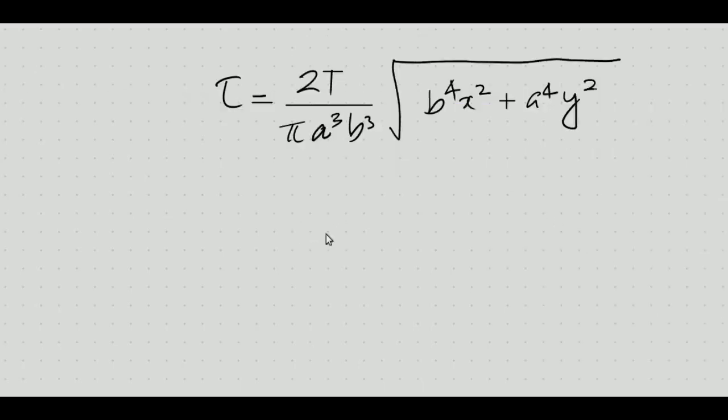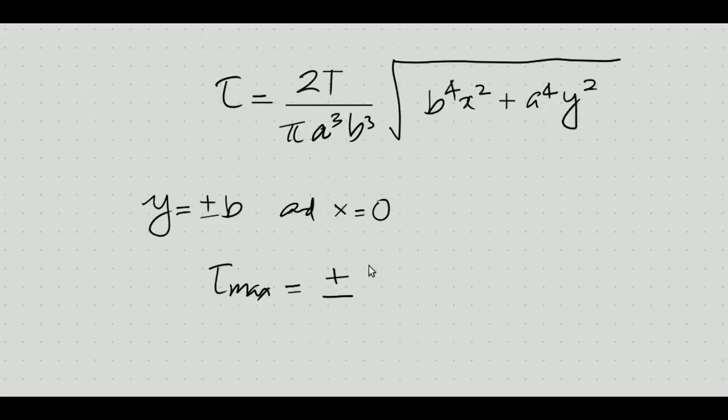It can be shown that the maximum shear stress will be at the two extreme ends of the minor axis, that is y = ±b and x = 0. Substituting these values in this equation, we get τmax = ±2T divided by π a b².